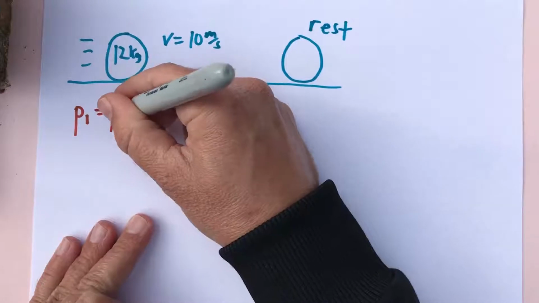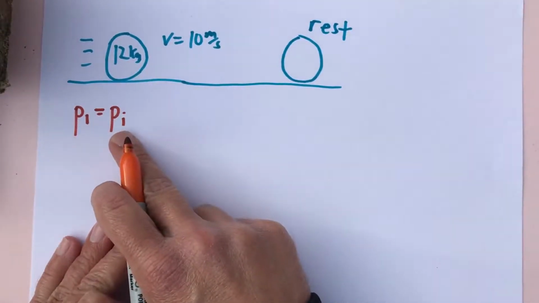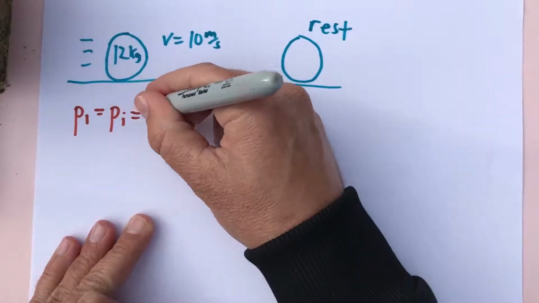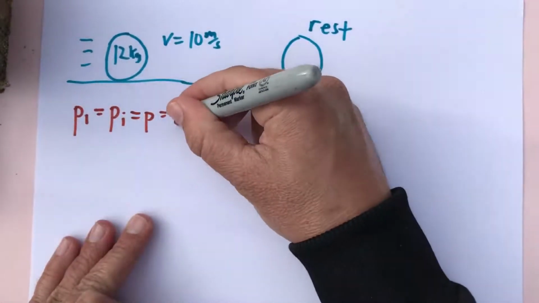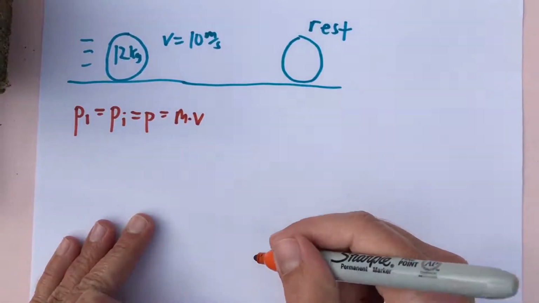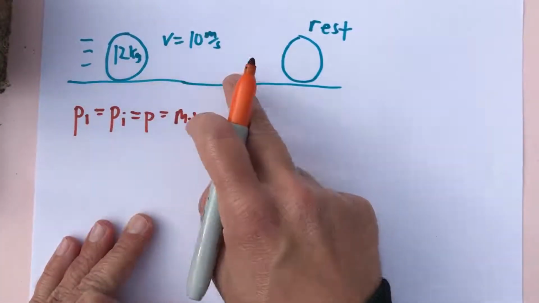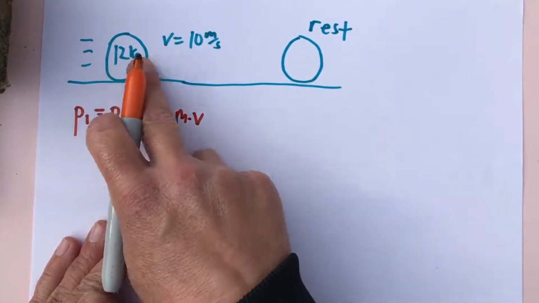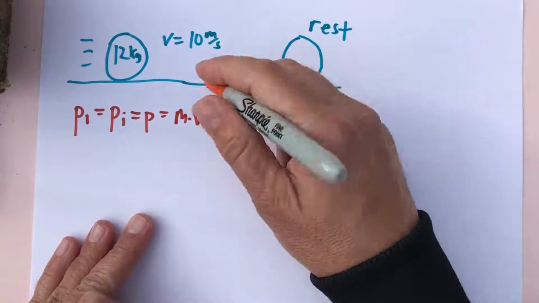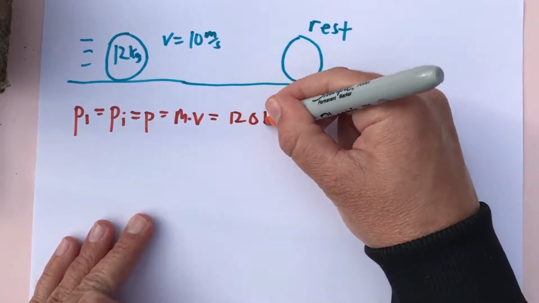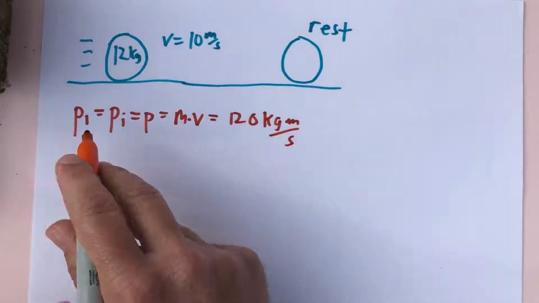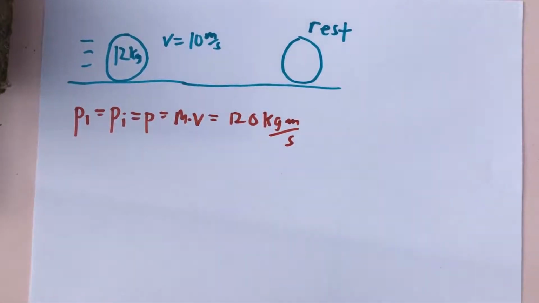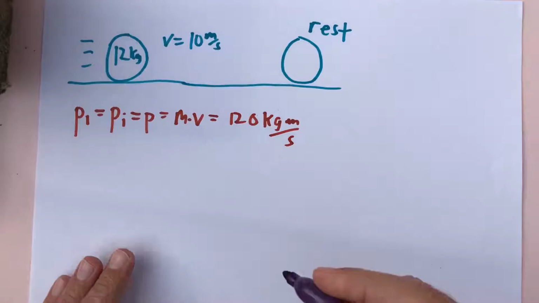By the way, some books might call this its momentum with a little i for initial momentum, and some books might just call it momentum with nothing to indicate the first one. But any way you do it, it's mass times velocity there. And so when we plug in these two things, that's easy to do. A mass of 12 times a velocity of 10 gives you 120. And remember, the units are kilogram meters per second. So we start off with 120 kilogram meters per second of momentum.